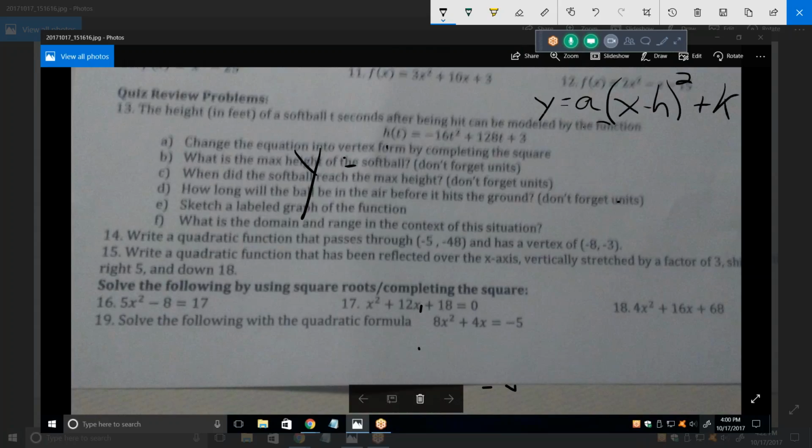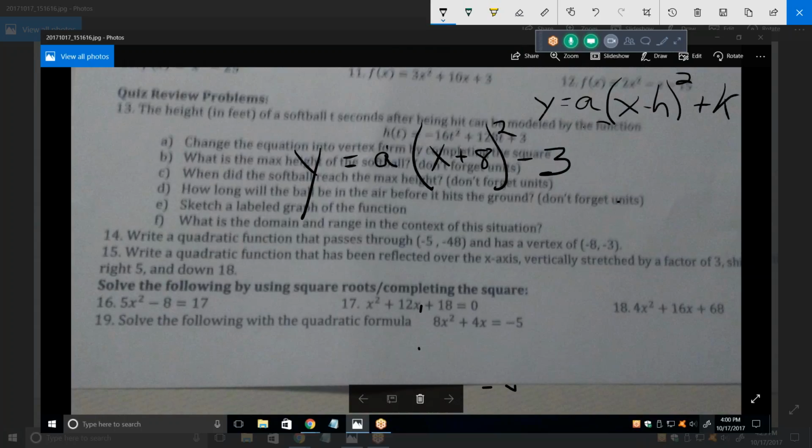So y equals a times parenthesis x plus 5. The vertex is there. Oh, oops, plus 8, squared, minus 3. Okay. So that's as much as I can write at the moment.